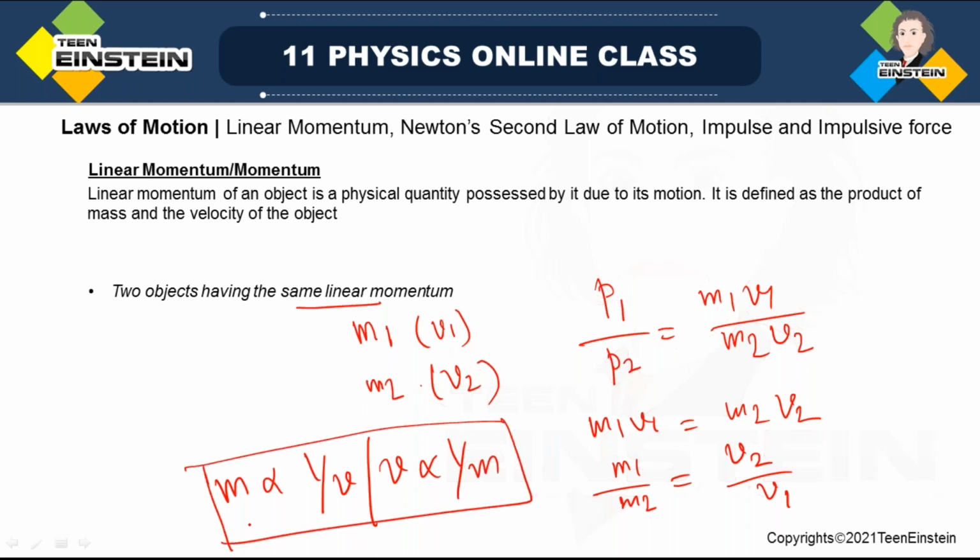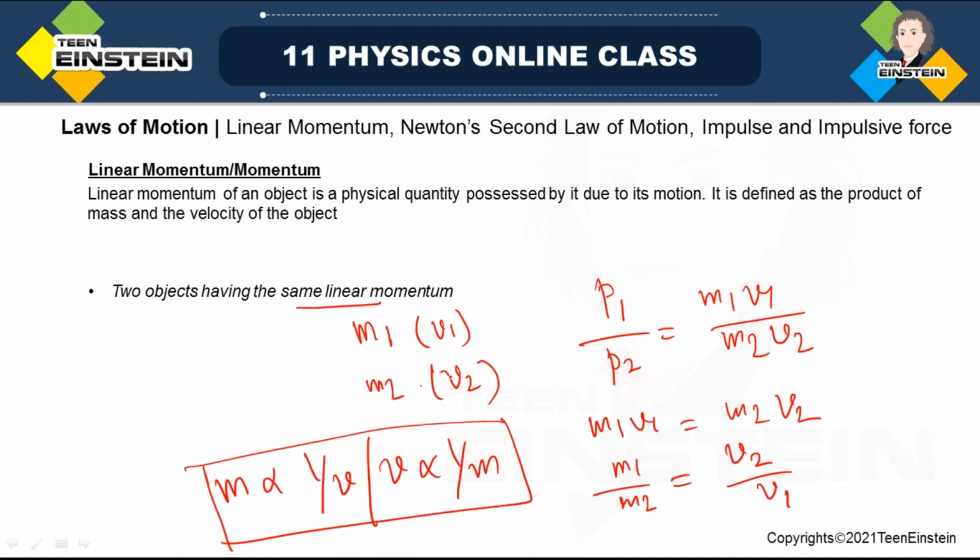That means if you have two objects with same momentum, the velocities are inversely proportional to their masses. Okay, velocity will be inversely proportional to their masses.